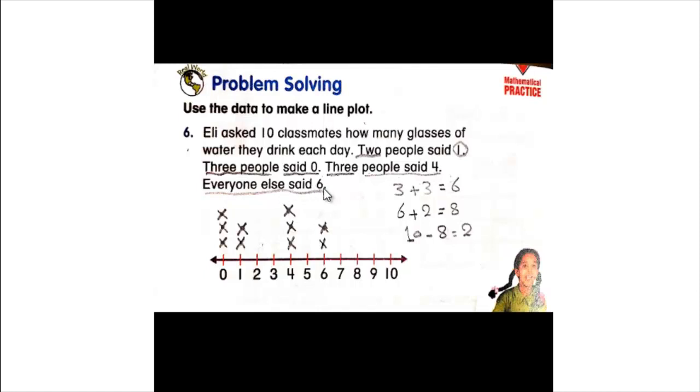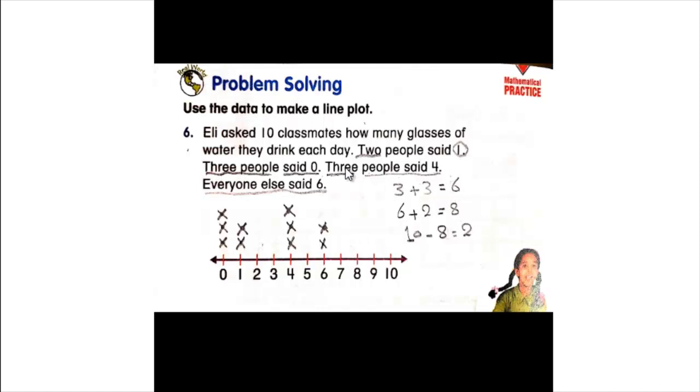Okay, so let's add the number of people here and subtract them from the total number 10. 3 plus 3 equals 6.